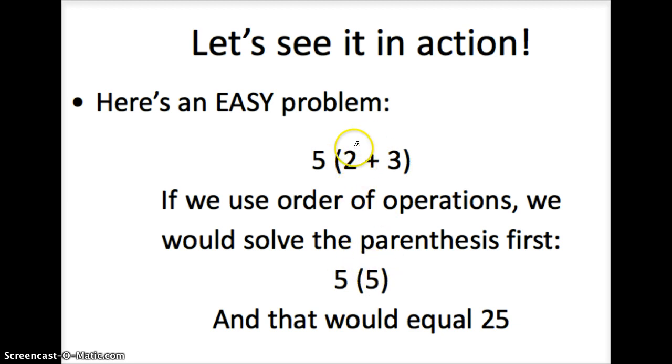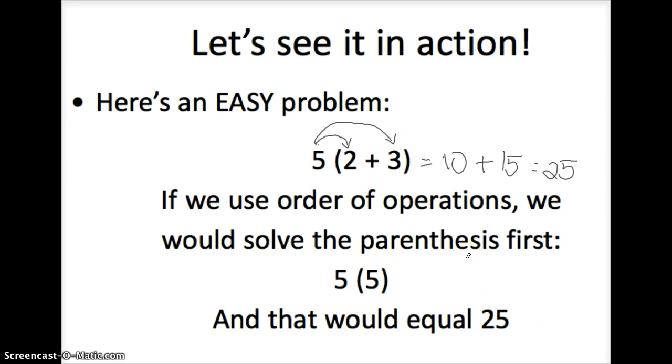If we distribute this 5 into the terms in the parentheses, that is also equal to 5 times 2, which is 10, plus 5 times 3, which is 15, and 10 plus 15 is 25. So either way you do it, you should get the same solution.